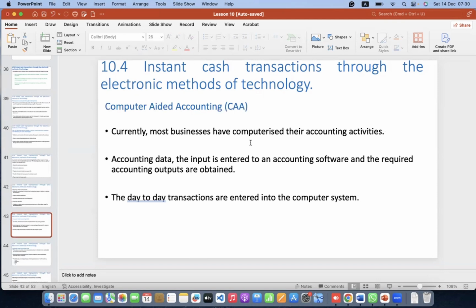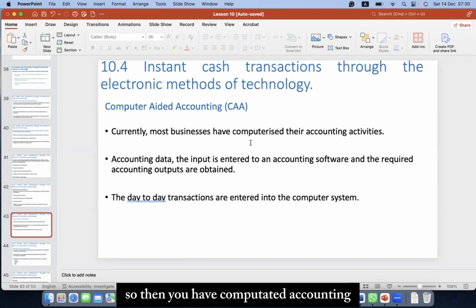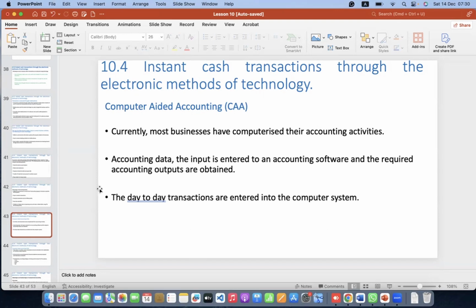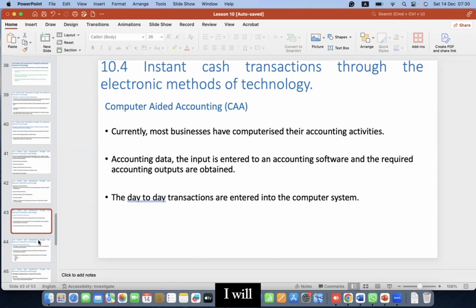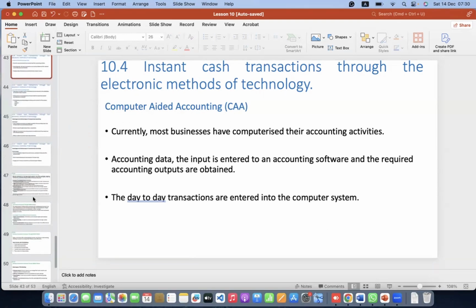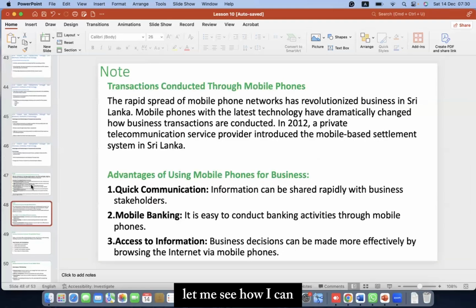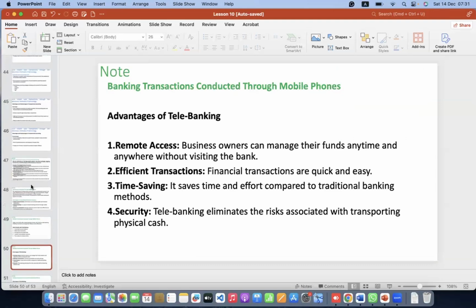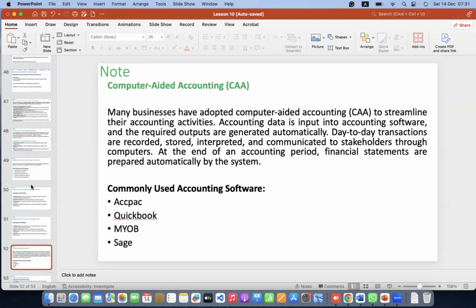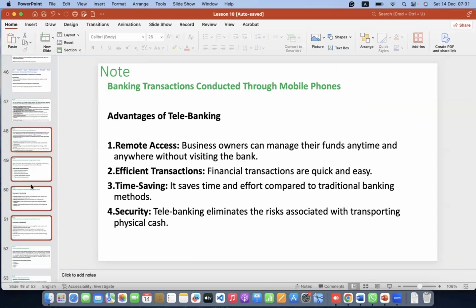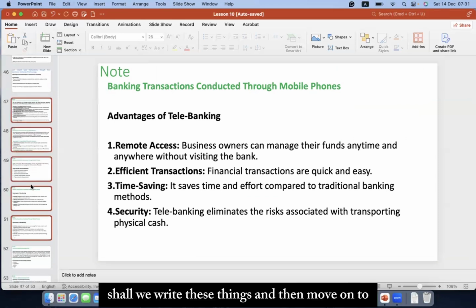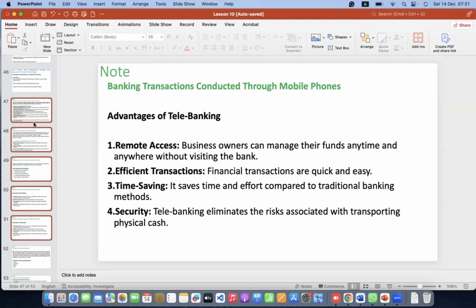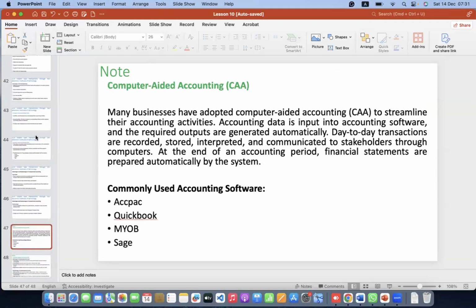Yes. So then you have computer aided accounting. Shall we write these things and then move on to computer aided accounting?